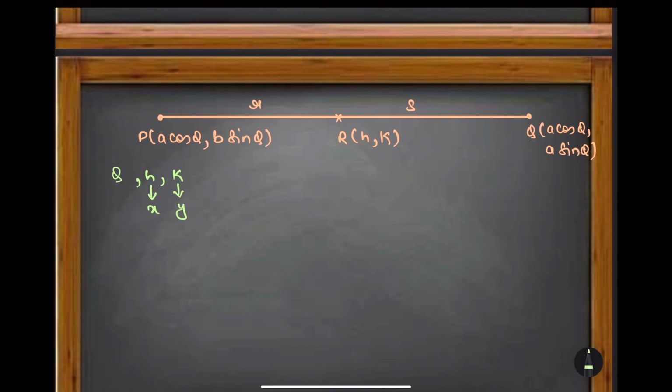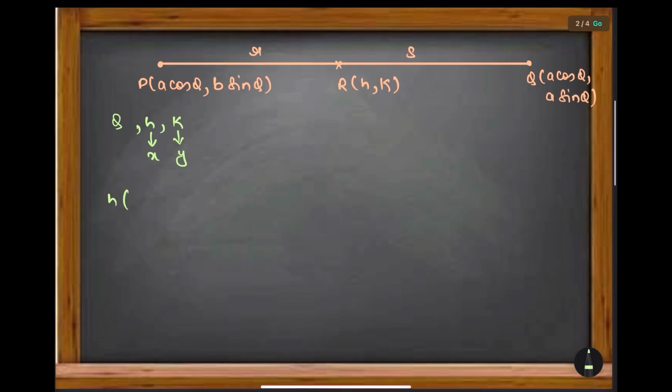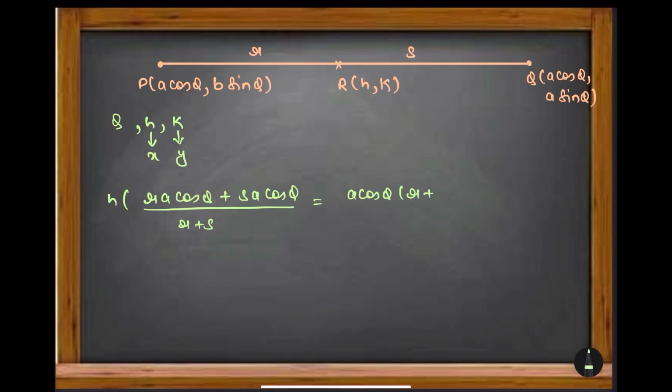First, go with h. So who is h? h is the x coordinate. So (r a cos theta plus s a cos theta) by (r plus s). Correct? Now, this is okay. I'll take a cos theta common, so we will have r plus s, and the denominator is also r plus s. r plus s, r plus s gone. So we got a cos theta. Correct?